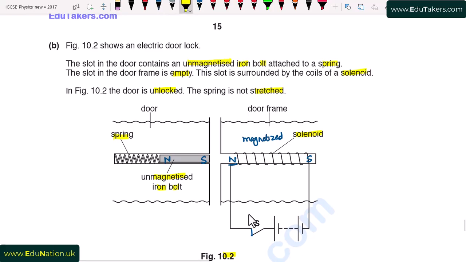So we can see here that this pole is south and this is north. Both of these opposite poles attract each other. Due to this attraction, the iron bolt moves towards the solenoid and the door gets locked. The spring also stretches because when the door is locked, the spring stretches.